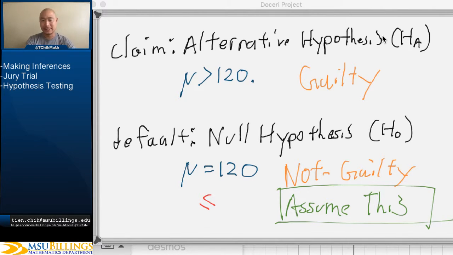A criminal trial is a good analogy for how this works. Let's say someone is accused of some crime. We would assume initially that they're not guilty, right? Everyone's granted the presumption of innocence. It's up to the prosecutor then to demonstrate sufficient evidence to show that there's no way this person could be not guilty.